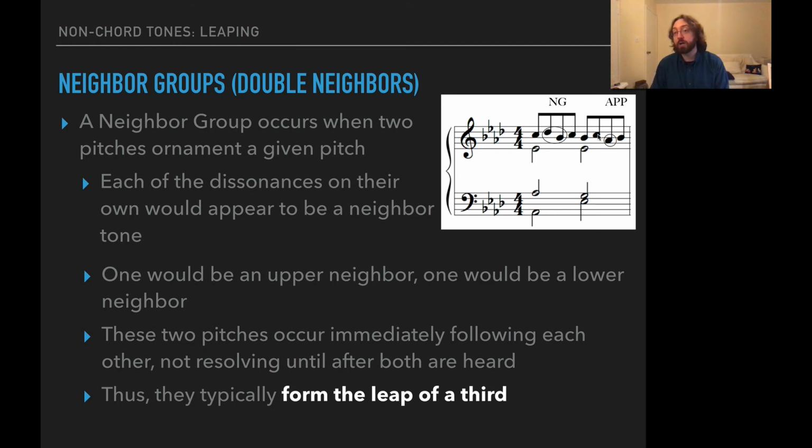It could form a C minor chord, in which case we would analyze this as an appoggiatura. Now, I do want to point out, it would also be perfectly fine to say that this is a neighbor group. I think that's how our ear takes it. I'm just saying that now we're getting into the area where there can be multiple ways to interpret things. Certain non-chord tones can feel ambiguous, meaning they can be both one thing and another.